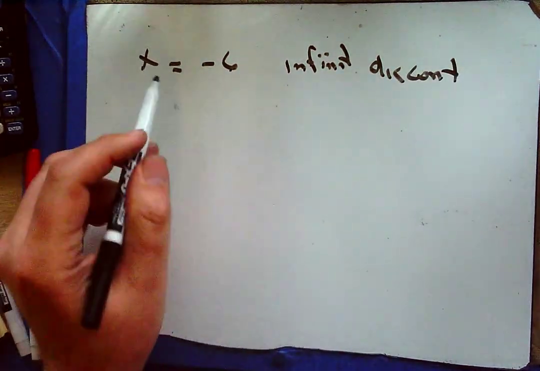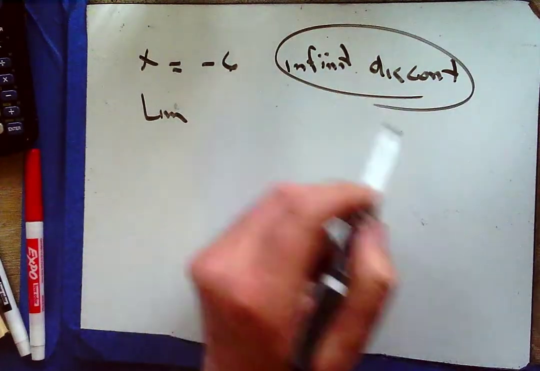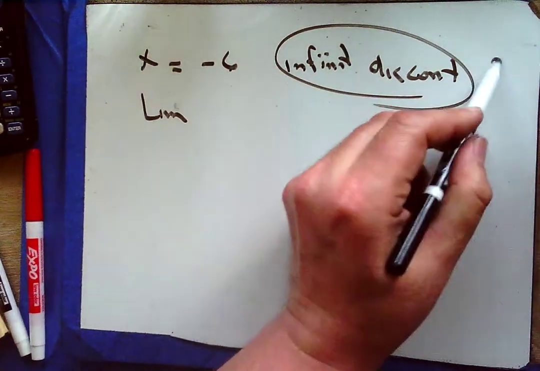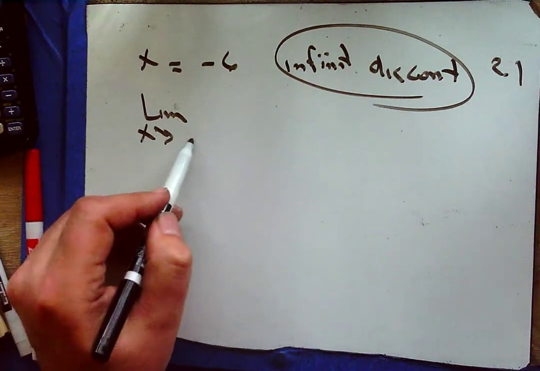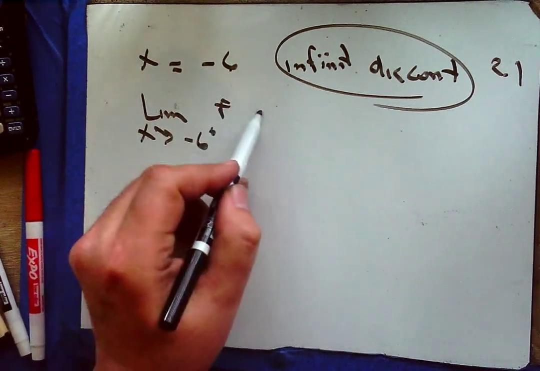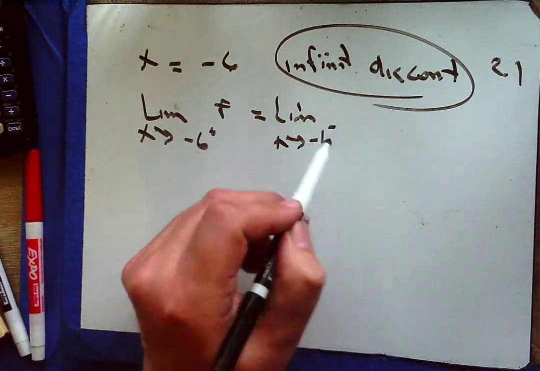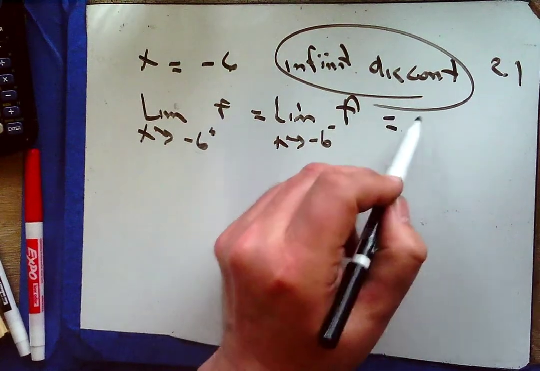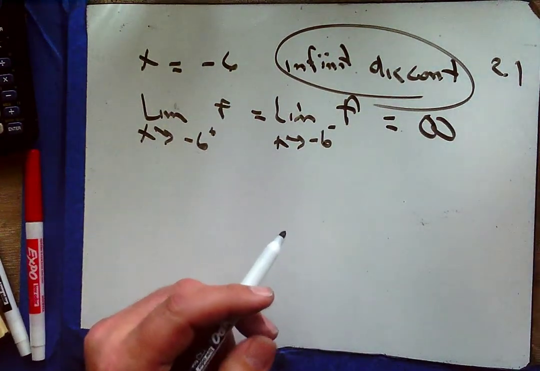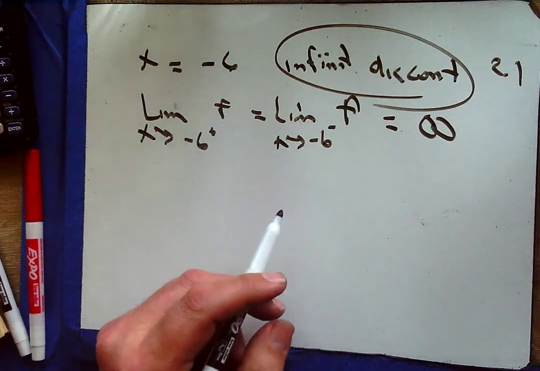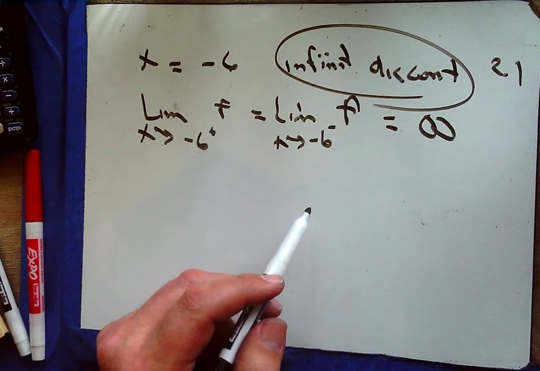But you might say it does exist here, because this is me thinking about 2.1. But if you said limit as x approaches -6 from the positive side equals the limit as x approaches -6 from the negative side of this function, and both of those are equal to infinity, I could see you making an argument that this limit exists at this point. But yeah, I'm saying that's a point of discontinuity there.